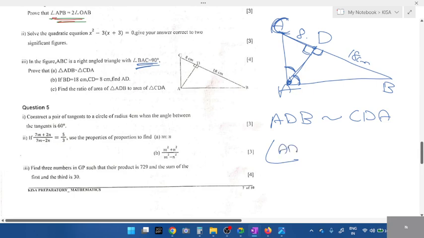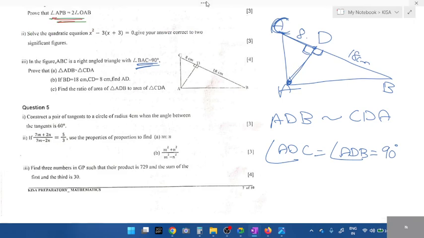Angle ADC is equal to angle ADB, students, 90 degrees. Tell me the next one.